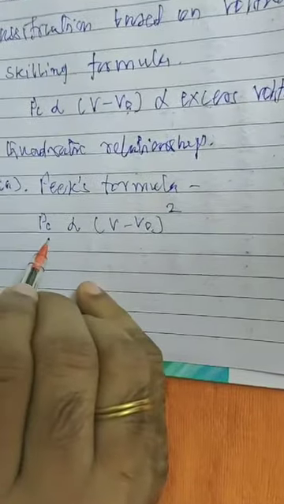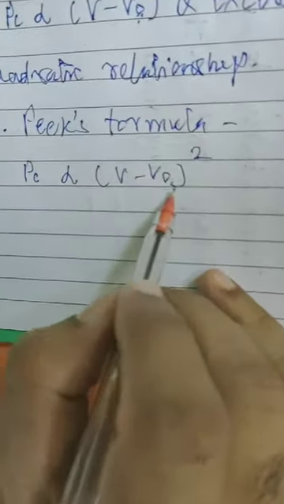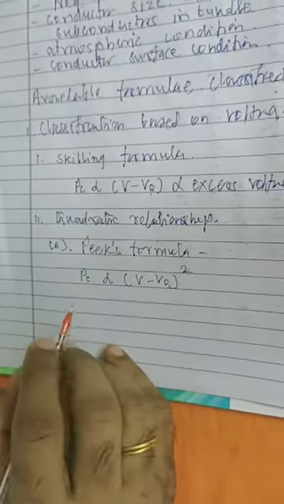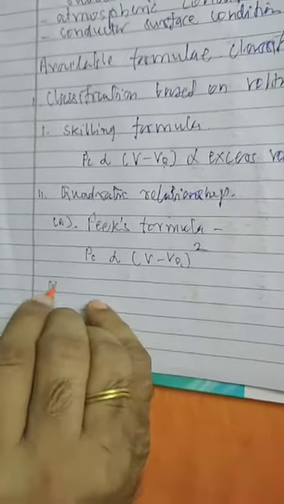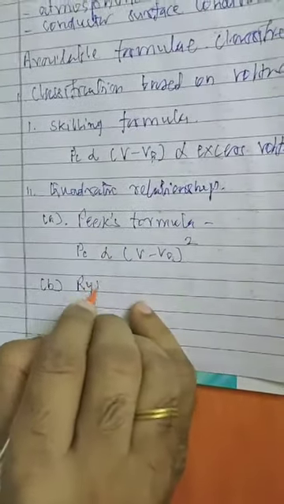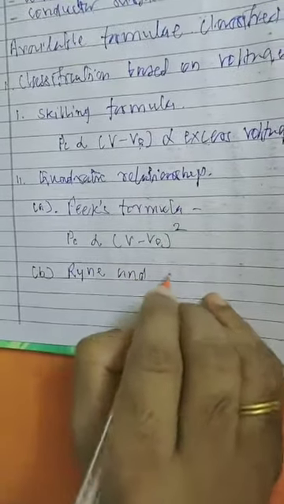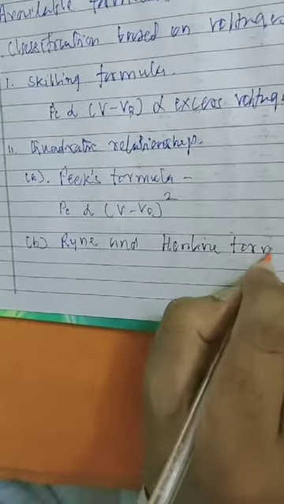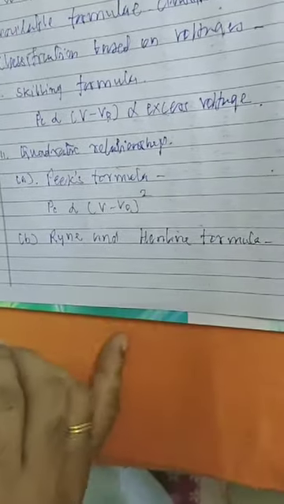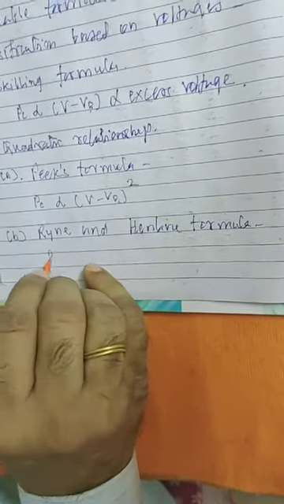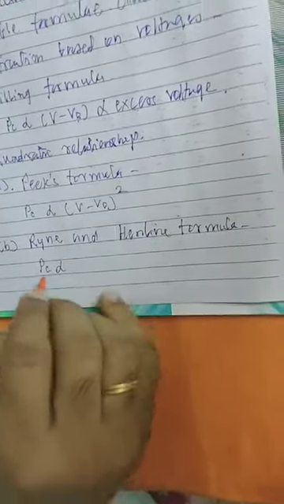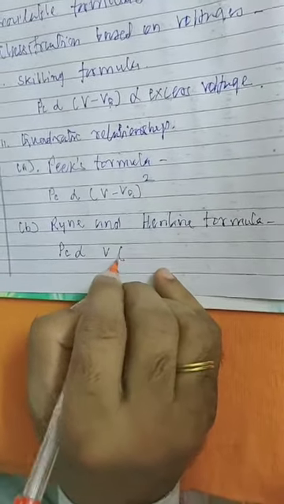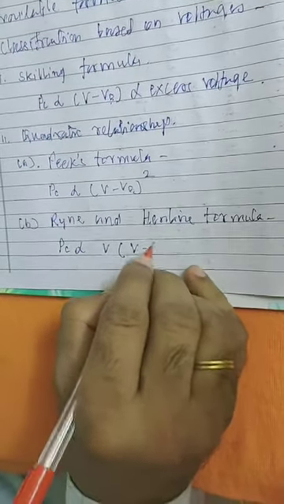This is corona loss directly proportional to square of excess voltage. Then as per Rahn and Henlein formula, these are the researchers. They proved that corona loss PC is directly proportional to the product of line voltage and the excess voltage.